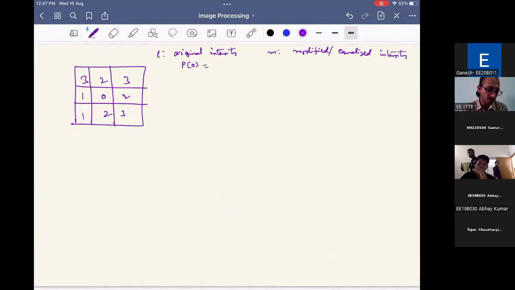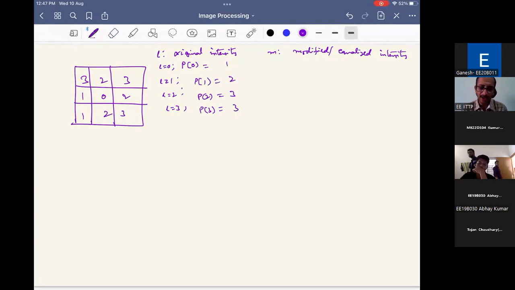So we have seen the PDF of the intensity values. l can take 0, 1, 2, and 3. Of course, m can also take these values. We have seen the values P of 0, P of 1, P of 2, and P of 3.